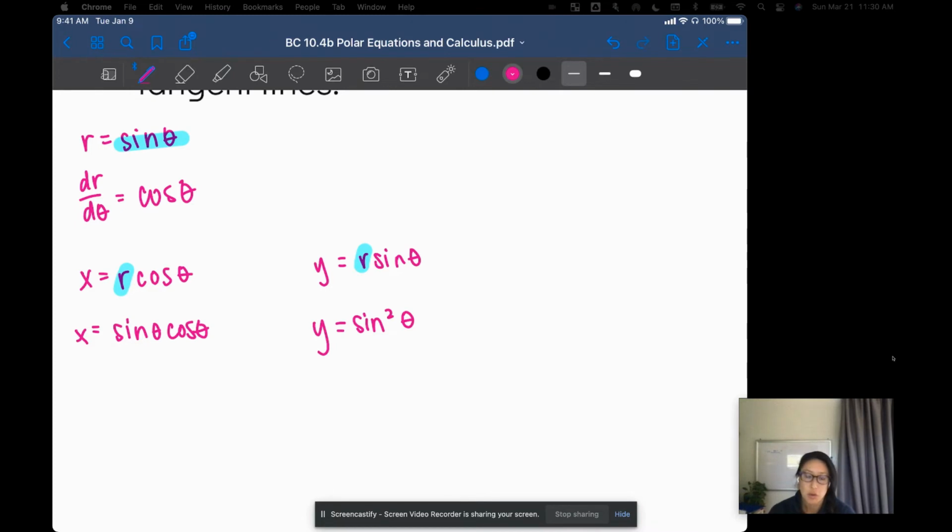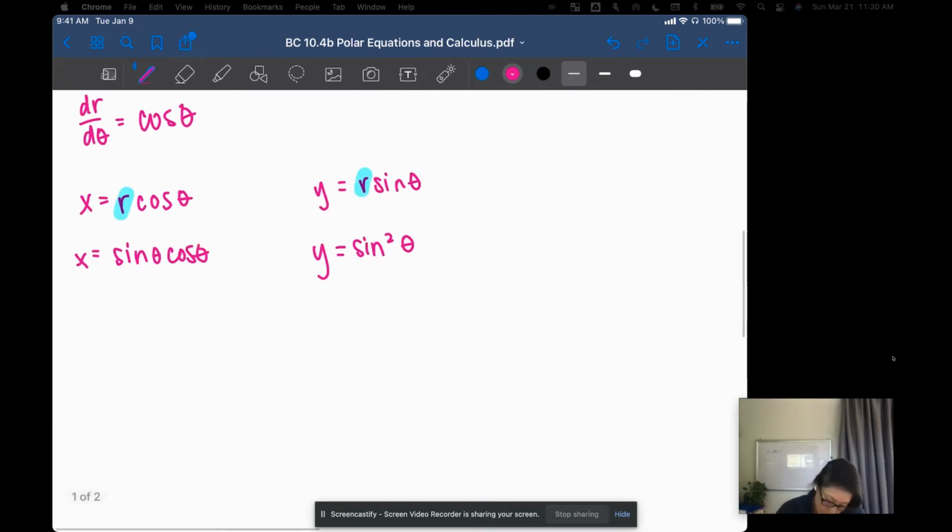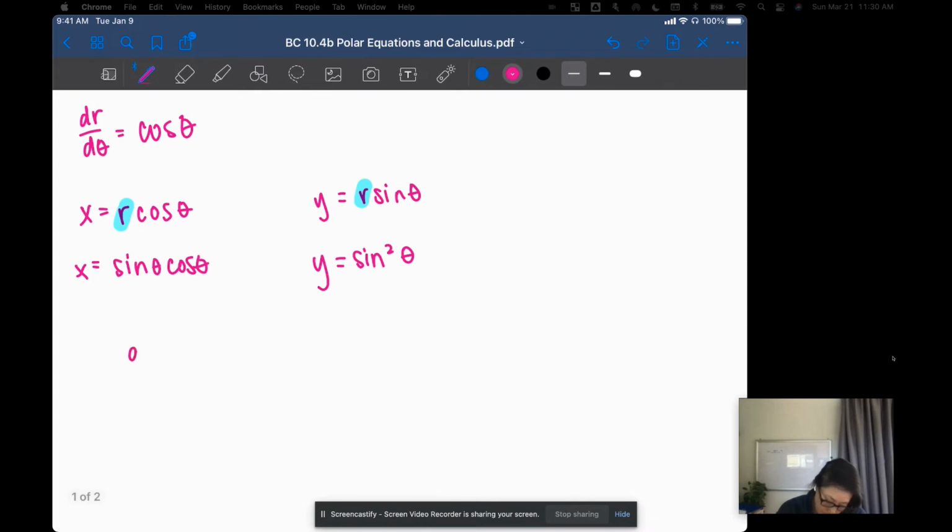Okay, so now I can take the derivative of each of these with respect to theta. I'm going to do dx/d theta, and we have to apply the product rule.